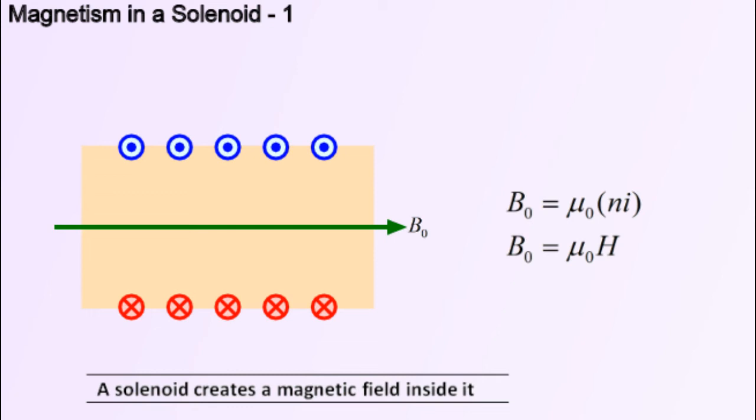So we can write B0, the magnetic field, as μ0 times H, where H is the magnetization, which in the case of the solenoid we can call the magnetic intensity. The greater the current, the greater the H, or magnetization, or magnetic intensity.